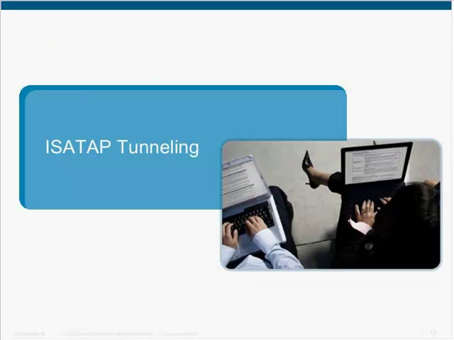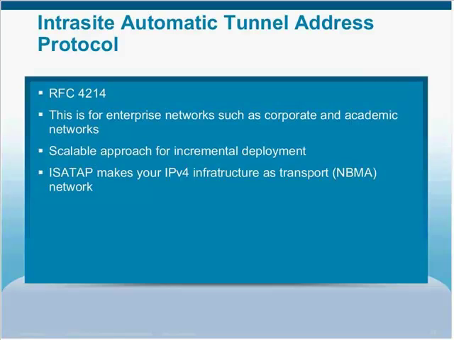So let's talk about ISATAP now. Unlike the techniques that we've seen before, ISATAP has been specifically designed to establish an IPv4 tunnel between a host and a router. It's defined by RFC 4214. It is widely used in enterprise and academic networks.